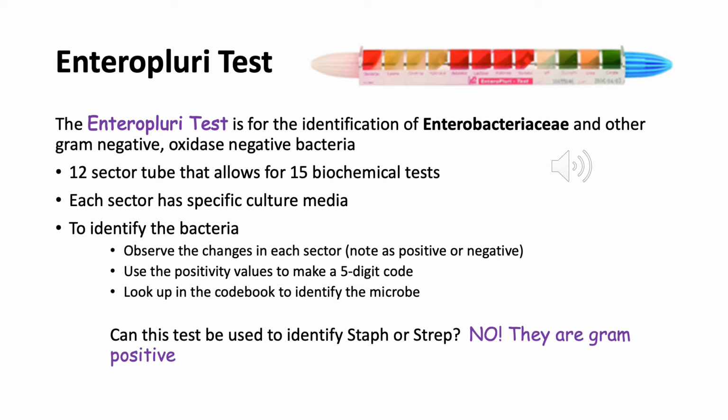And the book will tell you the species of microbe that you have. So can you use this test for the identification of staph or strep? No, because remember that those are gram-positive, and this is a test specifically for identifying Enterobacteriaceae and other gram-negative and oxidase-negative bacteria.